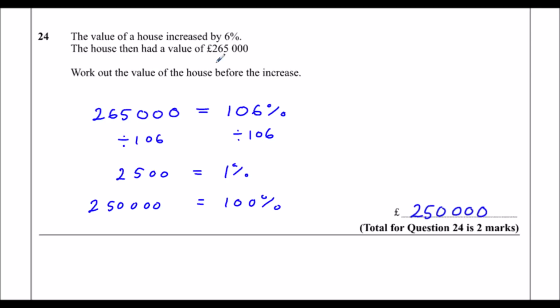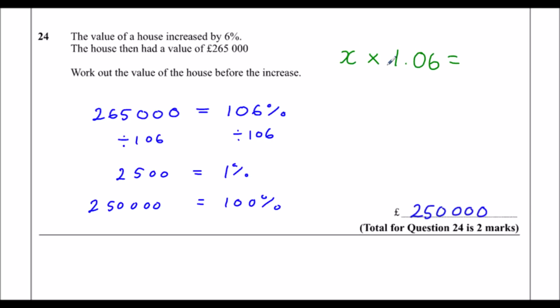Another way of thinking of this is if you have the original amount, we'll call that X, and to add on 6%, we can multiply by 1.06. That's 106% written as a decimal. So a quick way of adding on 6% is to multiply by 1.06.